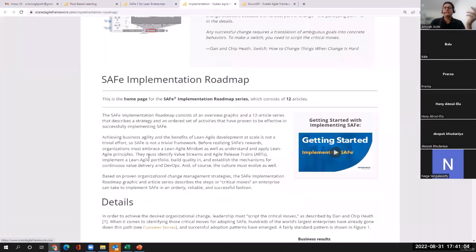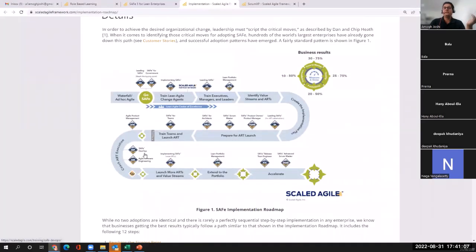It is a sequence of activities proven to implement SAFe successfully. If you click on these steps, it will give you further details, the stepwise approach. It is based on John P. Kotter's 8 steps of change as well. So whether you should start with essential or portfolio, you should be able to get it here. It is good to start with essentials and then grow to the portfolio as well.